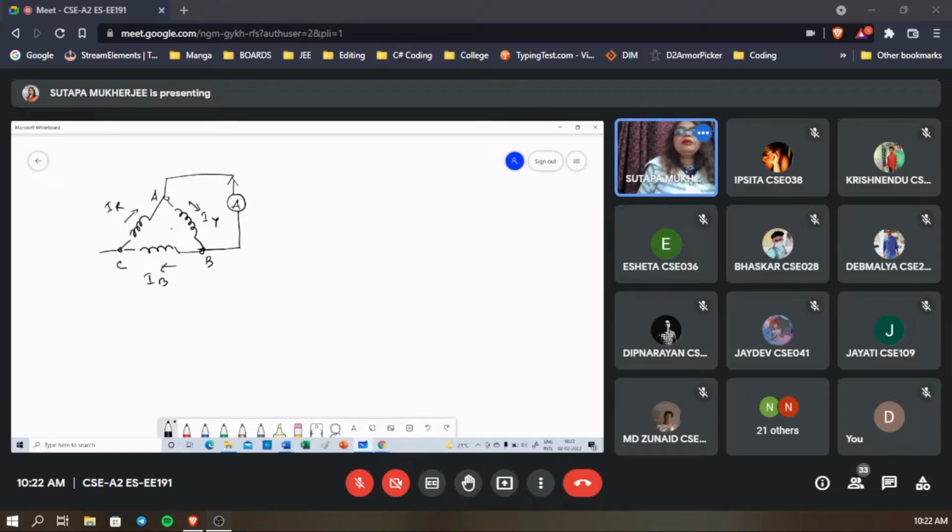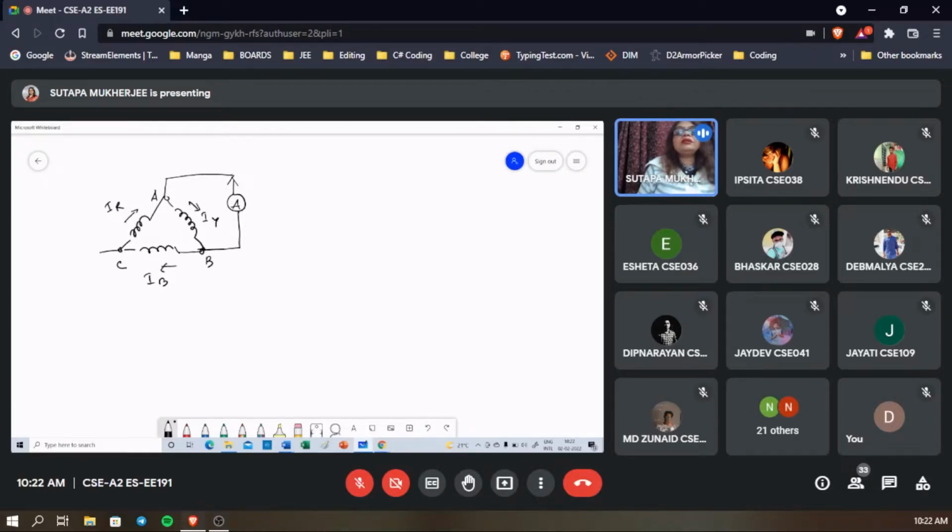But in this circuit, that is delta connection, current IY will be here, IR will be here. So exactly IR will not be equal to IY in this case.